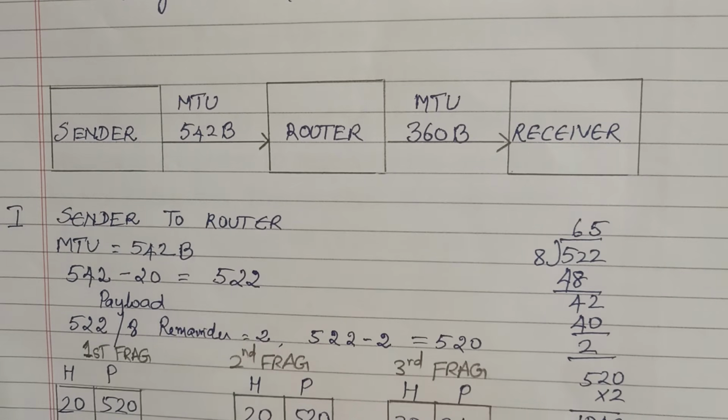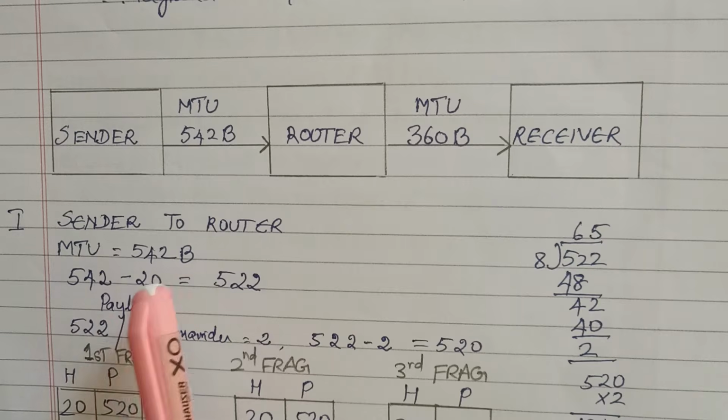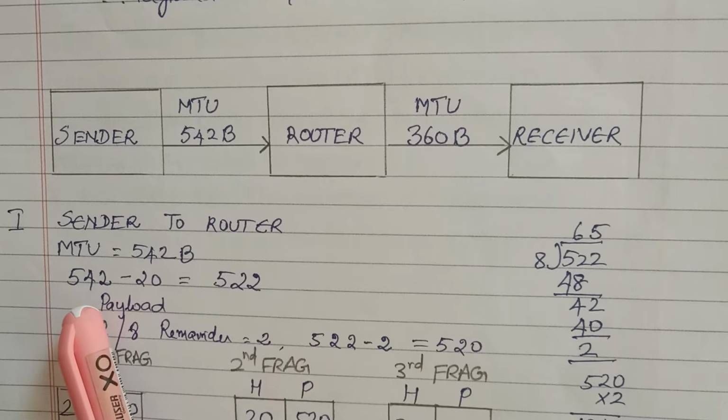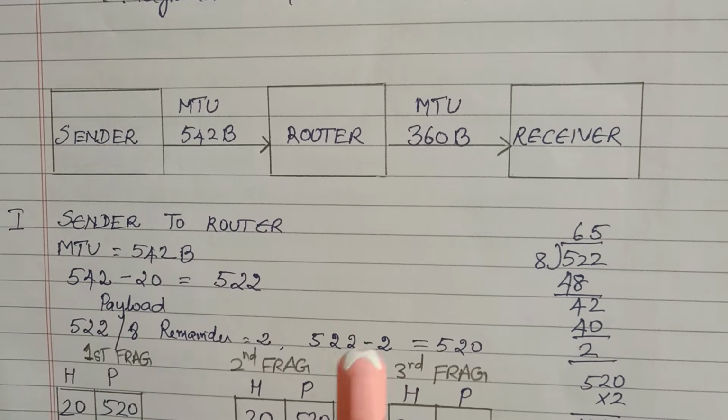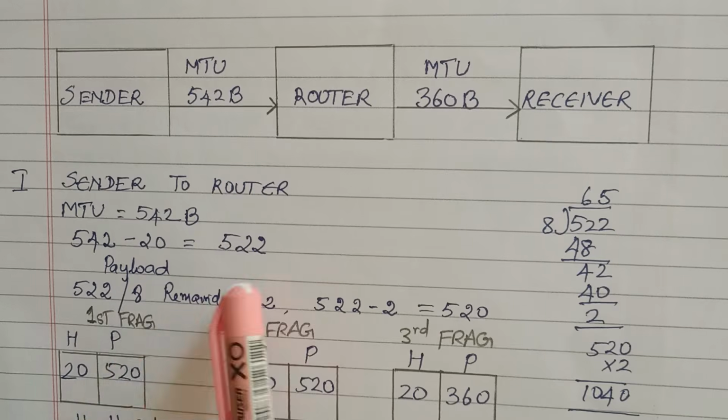First we have to subtract the header. Each and every fragment has a header, so you subtract the header size from the maximum transmission unit. 542 minus 20 is 522. Next, the payload has to be divisible by 8, so that the fragmentation offset is a whole number.